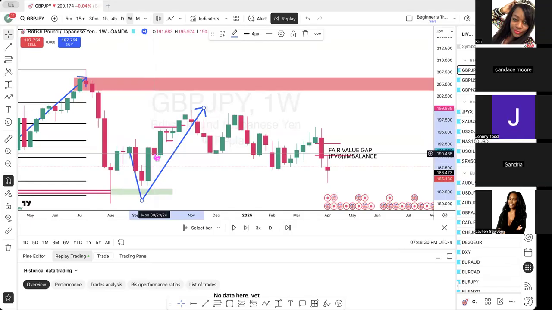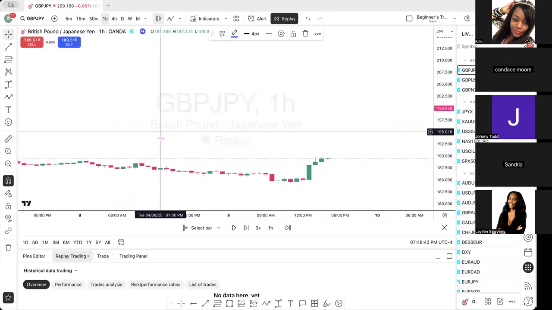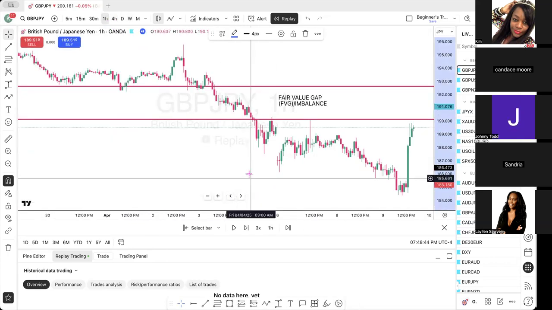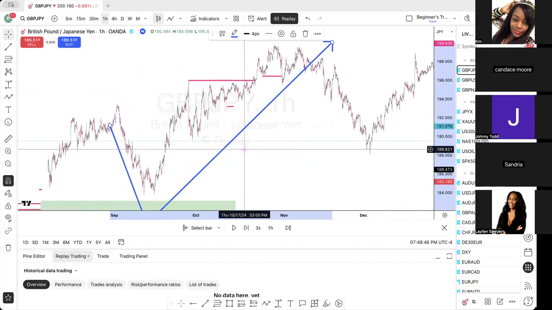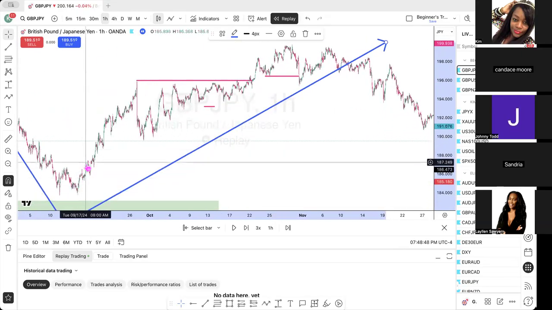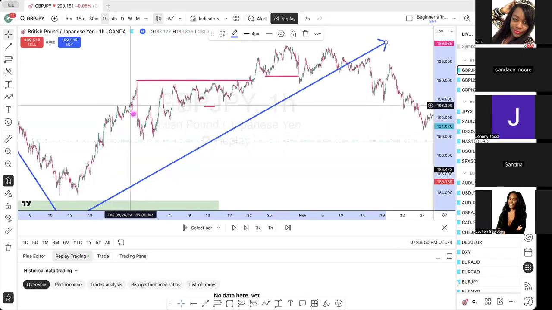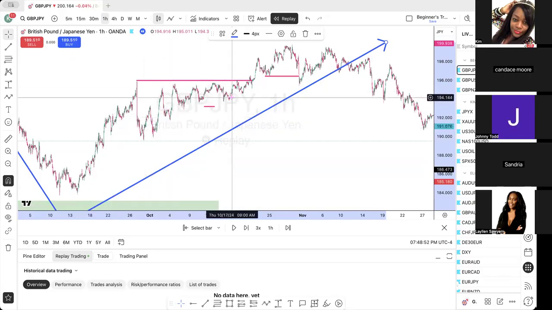It's pushed up, pull back, and then pushed up, pull back. So it looks a lot different when you're on a higher time frame. Once you go down to the 4 hour and the 1 hour, you start to get a lot of noise. You start to get all these little tiny moves in between.